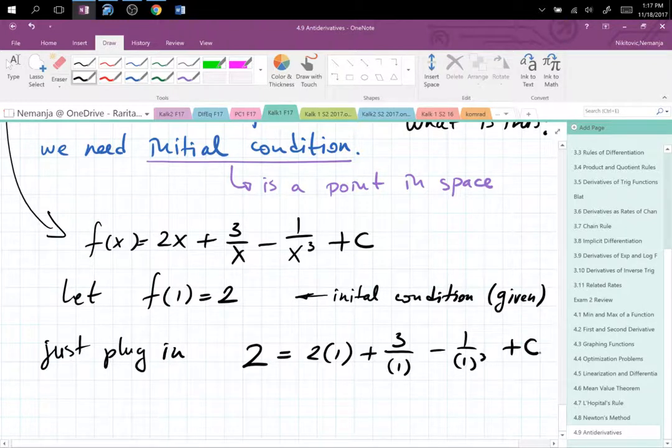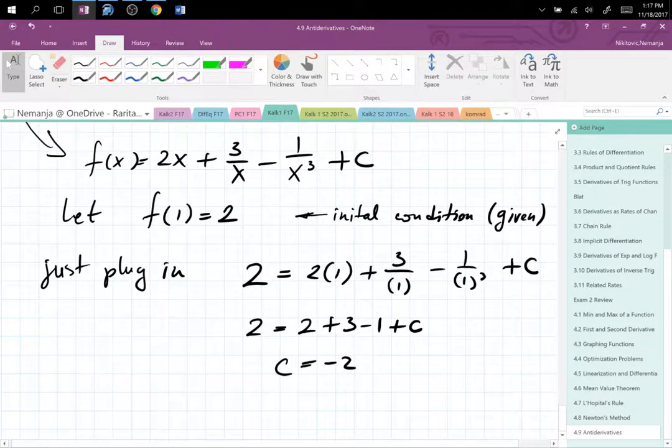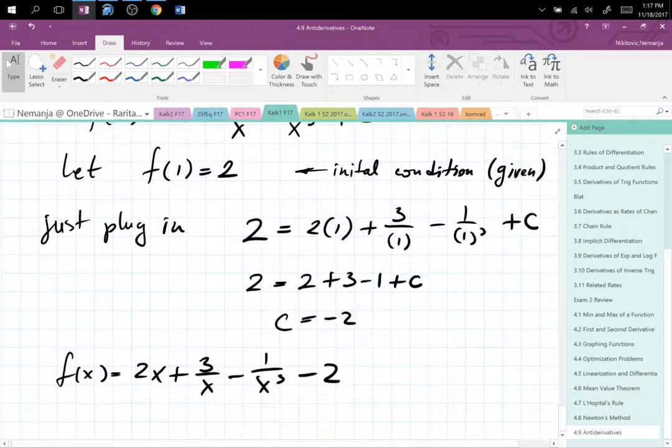You see, the entire equation is just c is the unknown. So you have 2 equals 2 plus 3 minus 1 plus c. And the answer is c is negative 2. So the actual f of x is equal to 2x plus 3 over x minus 1 over x cubed minus 2 when you plug in.